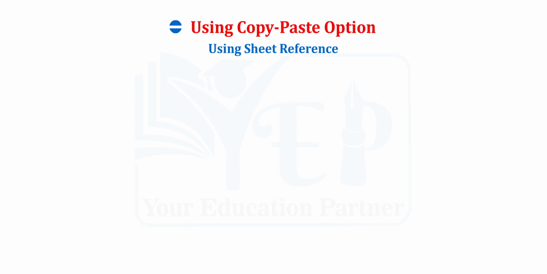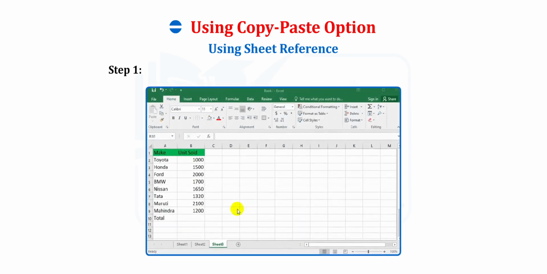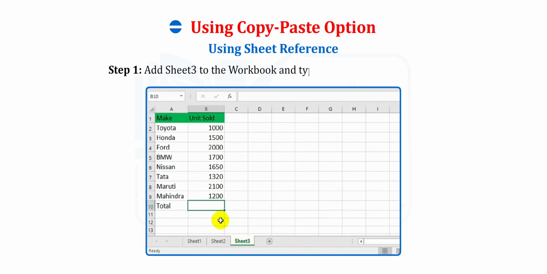Using sheet reference. It uses the sheet name, an exclamation mark and the cell address. For example, Sheet1!D4. Step 1. Add Sheet 3 to the workbook and type the values as shown in Sheet 3. Step 2. In Sheet 3, cell B10, type the following formula: equals 1000 plus Sheet1!C11.